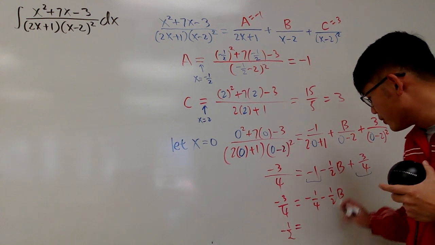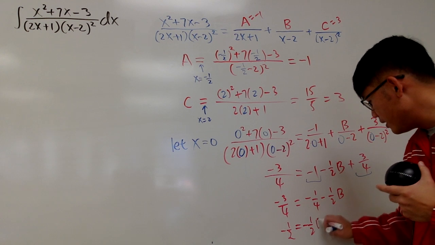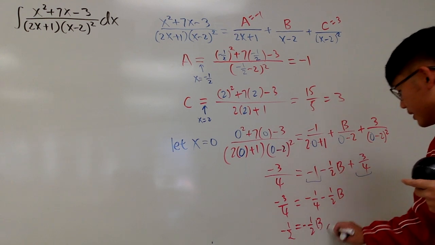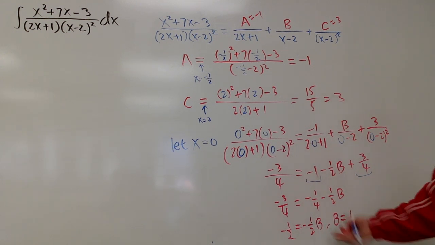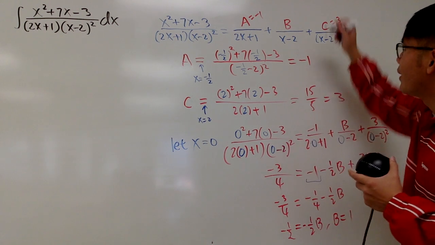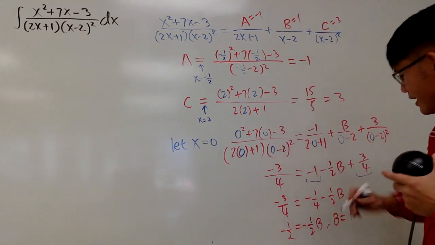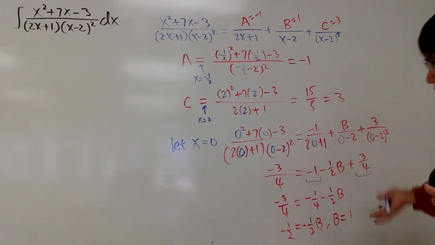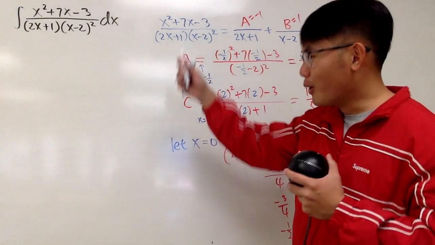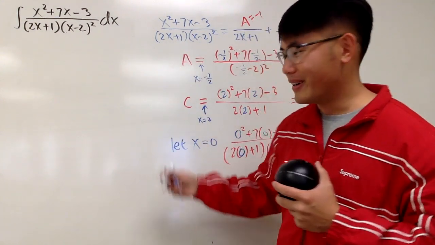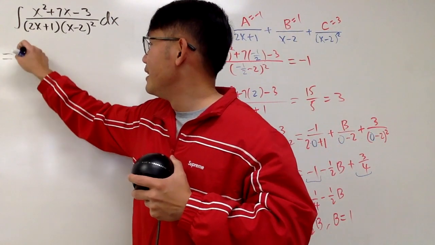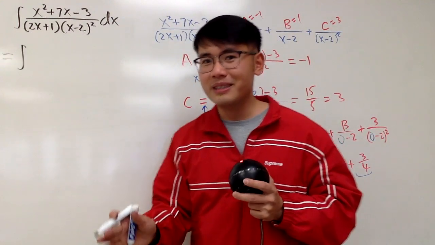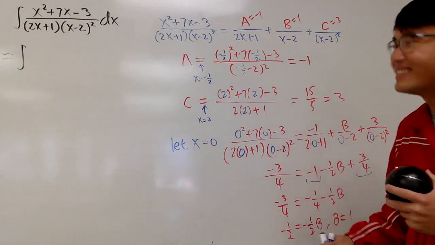And this is equal to -1/2 B. So from here, you can see that B has to be 1, like this. Okay, so I did show you guys all the work, so you guys cannot complain, okay? I did the math myself as well. Now, we can go back there and then do the integral. Whew. Yeah, it's not the calculus, it's the algebra, right?